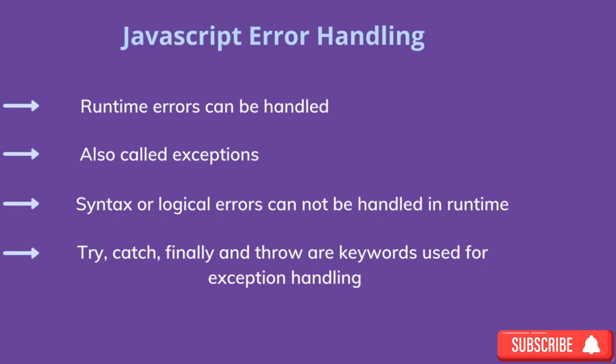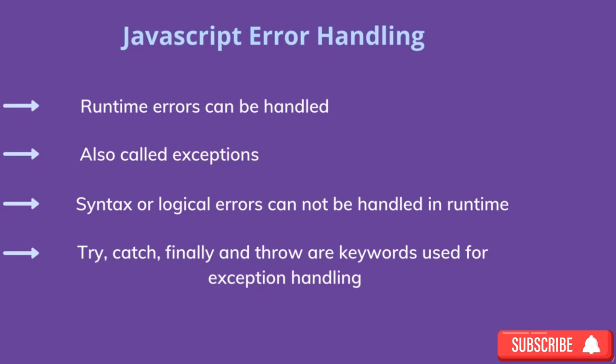How? We will use some keywords for that, like try, catch, finally, and throw. Each of these keywords has a different significance. For example, all the suspected code which I think may cause some exception, I will put inside this try block. If that gives you an exception, it can be handled by the catch block.